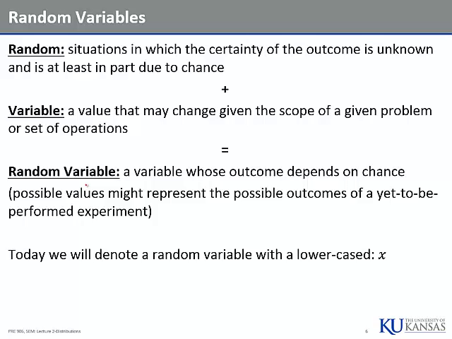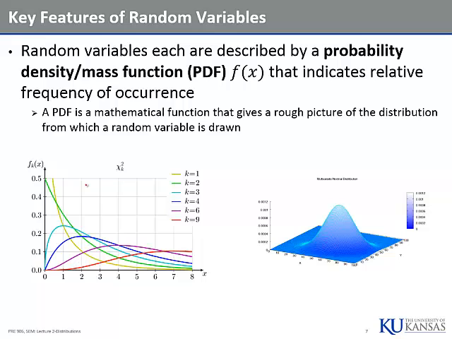So we're going to use little x some of the time. My notation may be inconsistent to denote a random variable today. And the outcome of a random variable gets described with a statistical distribution. Right? This is where we have these nice curves, right? On the left over here, this is a chi-square distribution. So the random variable here is a continuous variable that's positive.